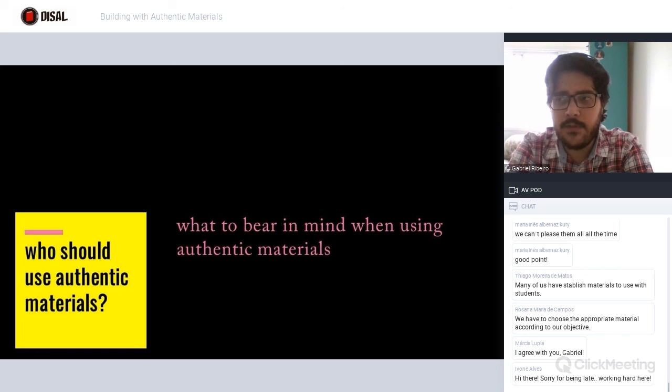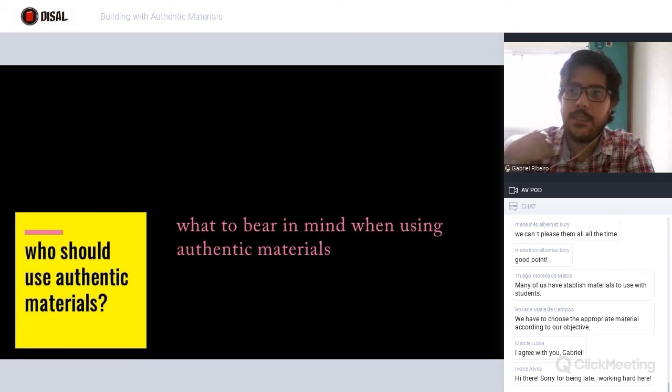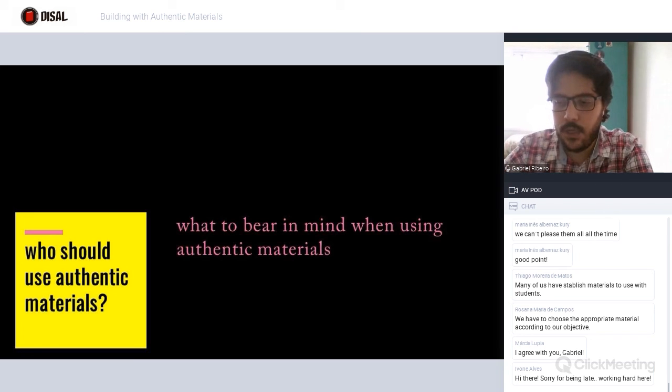One of the key things we can do when dealing with receptive skills, listening and reading, is teach our students not to worry too much about individual words or structures that they don't understand. We teach them to get the gist of the conversation or the text, and to focus on specific information every now and then.